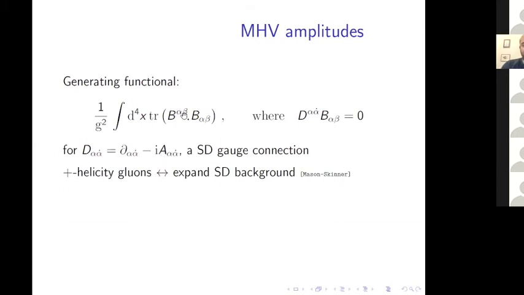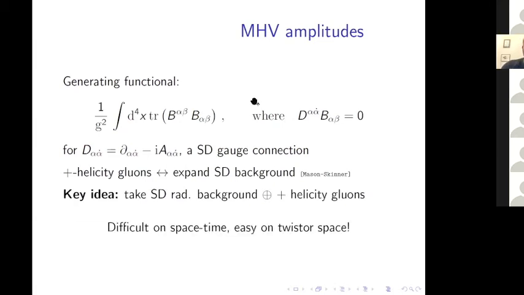And the idea is that the positive helicity gluons in an MHV amplitude are encoded by perturbatively expanding this functional in the self-dual gauge connection background that enters implicitly through these B's and the fact that they're on shell. And so this is something that was spelled out, I guess, by Mason and Skinner back in 2008.